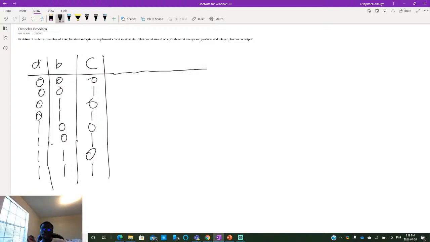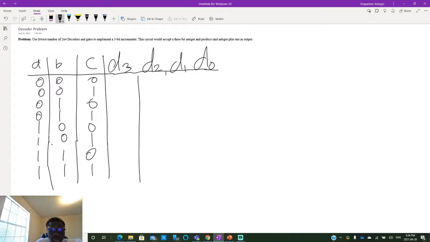Since we're incrementing each input by 1, the maximum possible output would be 9, because we're going to have 8 plus 1, which is 9, and 9 can be represented with 4 bits. So basically, our output should comprise 4 bits. So I can just call these D3, D2, D1, and D0.